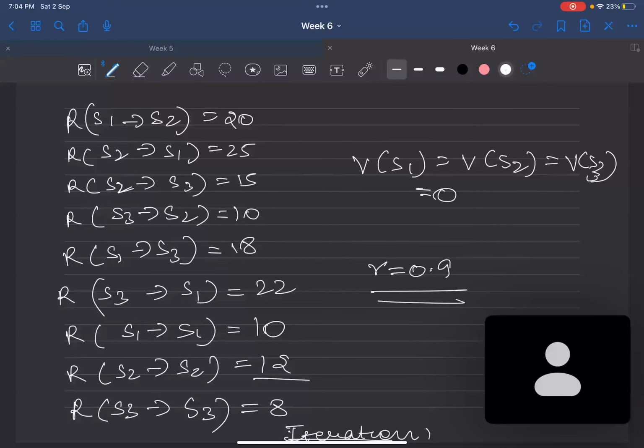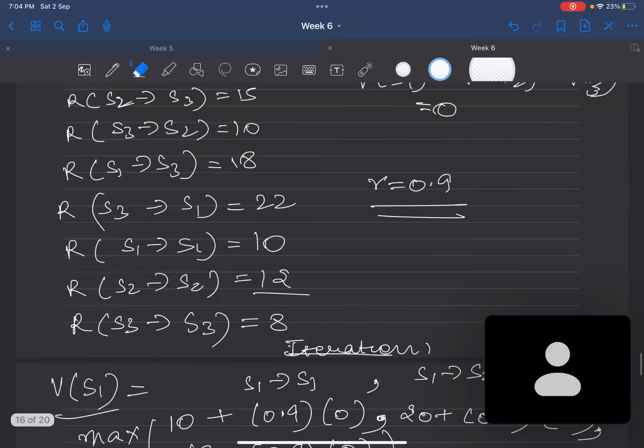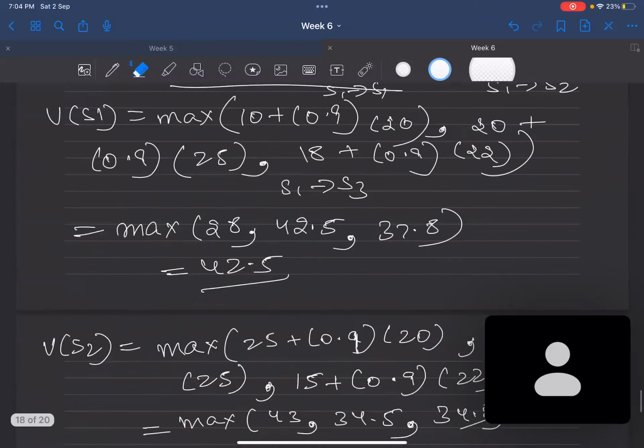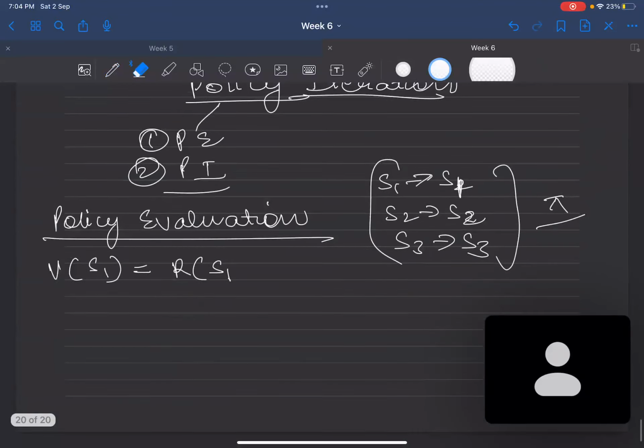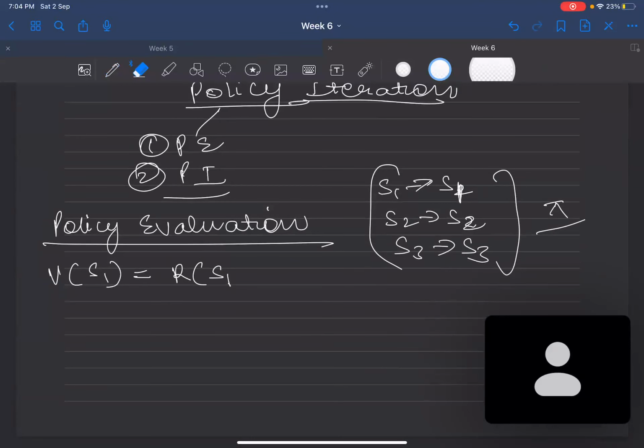Now let us take an arbitrary policy: if I'm in S1, I'll go to S1; if I'm in S2, I'll go to S2; and if I'm in S3, I'll go to S3, with probability 1. Other probabilities are 0.